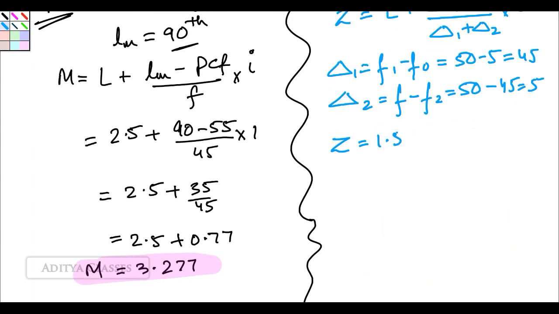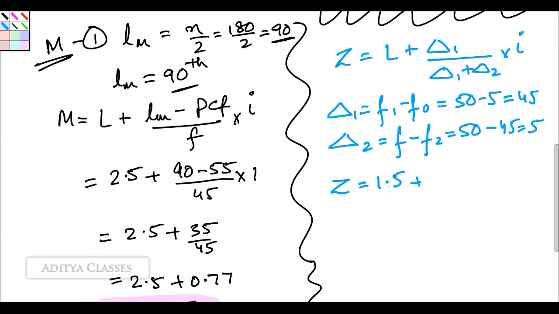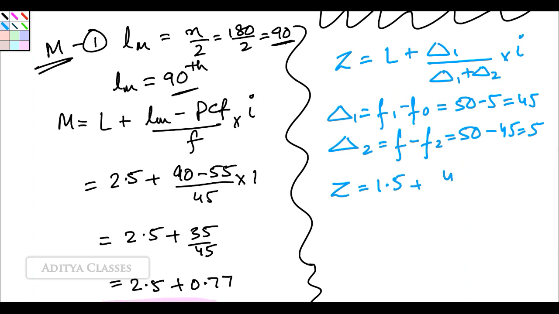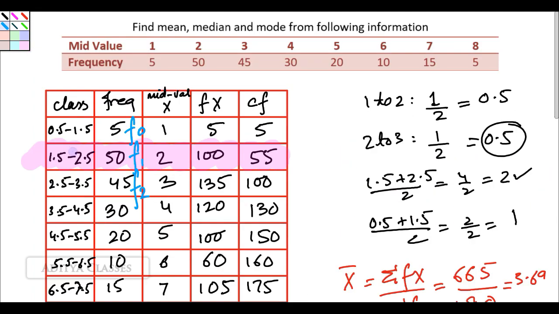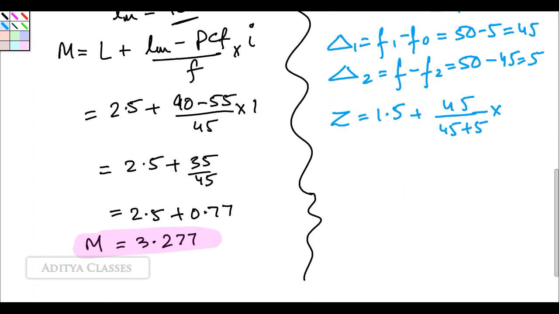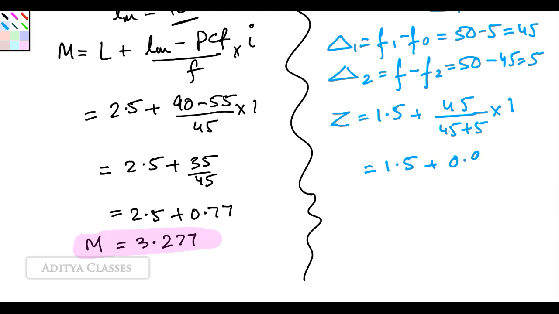So we have 1.5 plus delta 1 upon delta 1 plus delta 2 multiplied by interval. Interval for all of our classes is 1, almost irrelevant, but let us put it there. 1.5 plus 0.9 giving us a mode of 2.4. So mode in this case is 2.4.